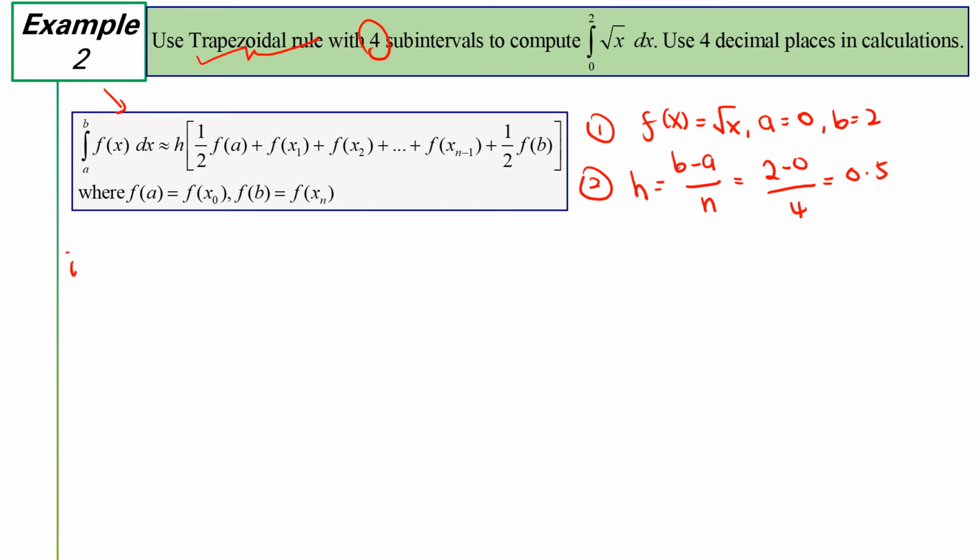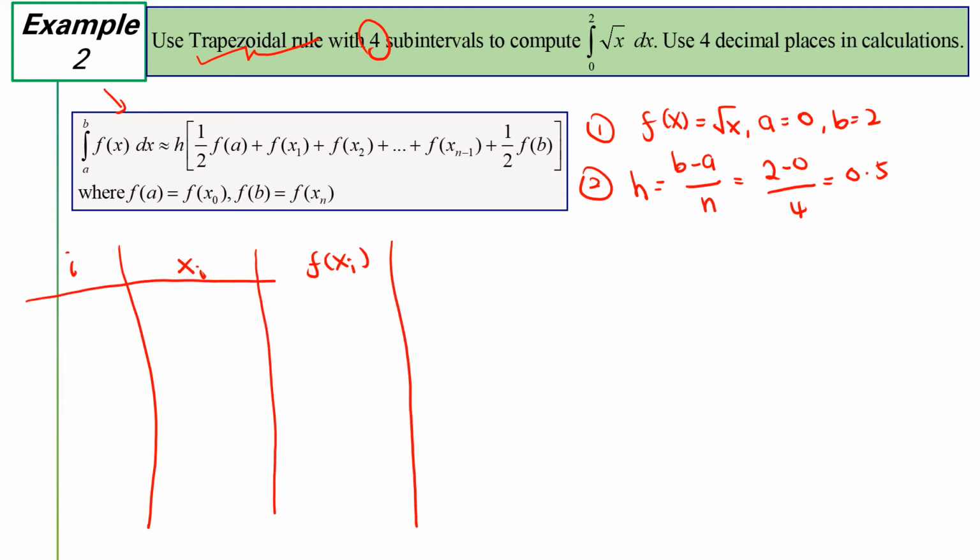Next, use a table to calculate f(a) until f(b). The first column is i, next is xi and f(xi). i is 0, 1, 2, 3, 4, because our n is equal to 4. x0 is 0, x1 is 0 plus h, and h is 0.5, so x1 is 0.5. Then x2 is 1, x3 is 1.5, and x4 is 2.